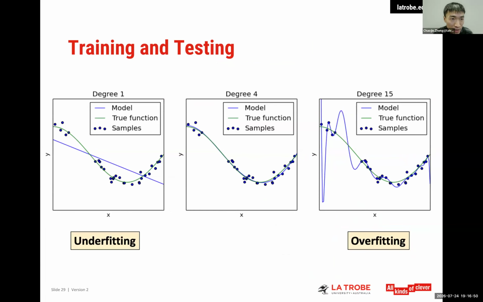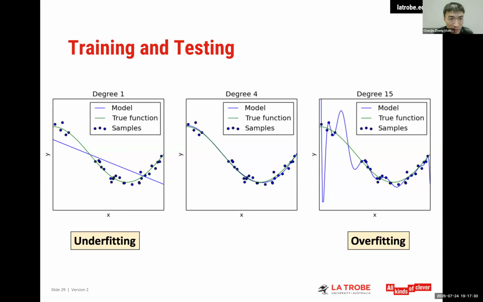So we can see that this blue line is just representing our regressor. So it is just a straight line. If the training data samples are distributed around this true function curve, and we are using this straight line to fit the data, we can see that it will be an underfitting problem, right? Most of the data samples for training are not lying on our regressor line.